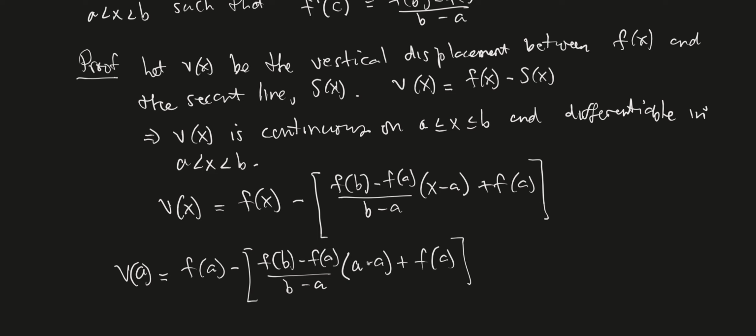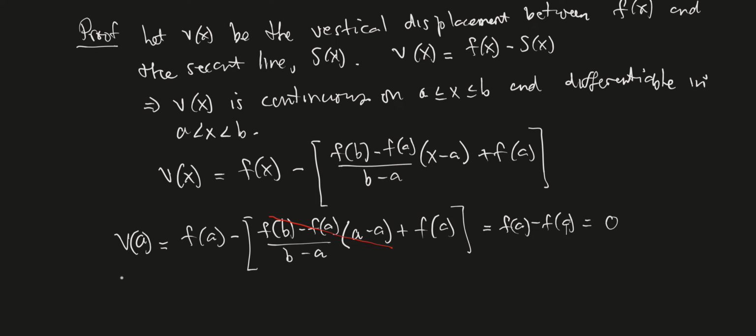Because this is a minus a, this whole term is 0. Then we have f of a minus f of a, so that's 0. This makes sense geometrically, because the secant line and the curve pass through that point a, f of a, so the vertical displacement between them would have to be 0 at that point.